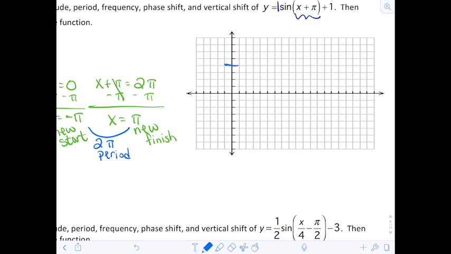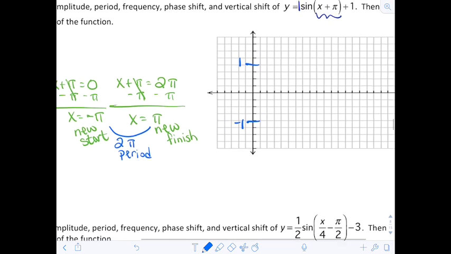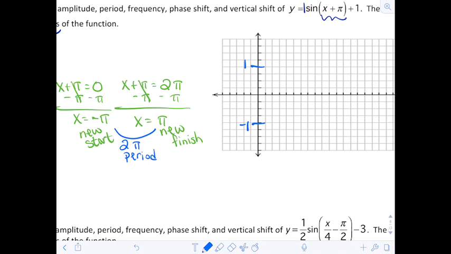I'm going to go up 1 unit and do 1, down 1 unit, and there's my negative 1. Now I actually have to start to the left, pi radians. So to go back to the left, pi radians, I'm actually going to count. With this one, I used a scale of, oh gosh, I guess it was pi over 2 again.